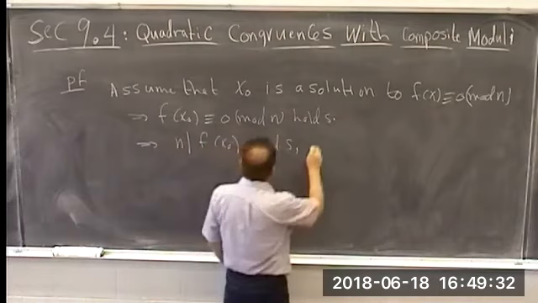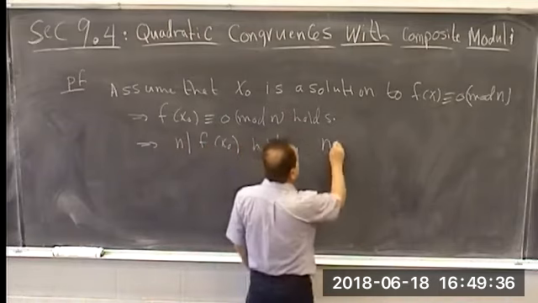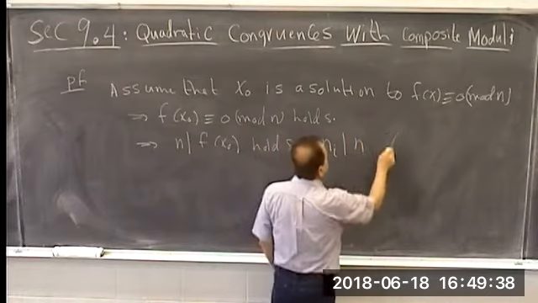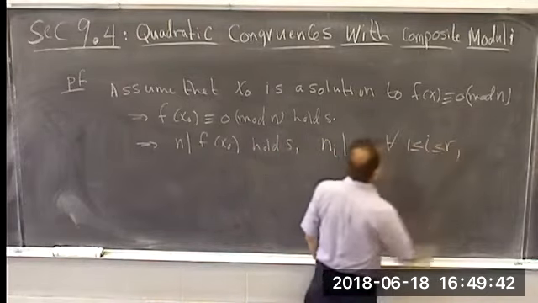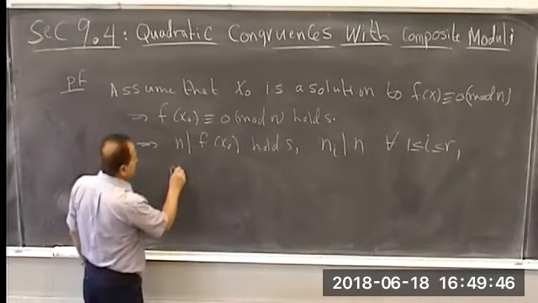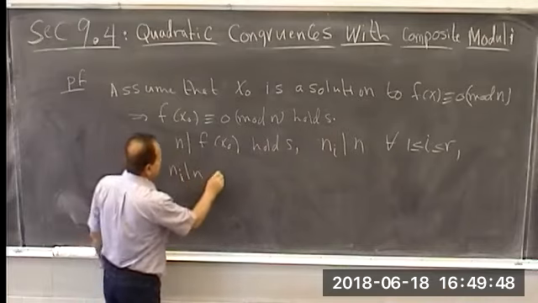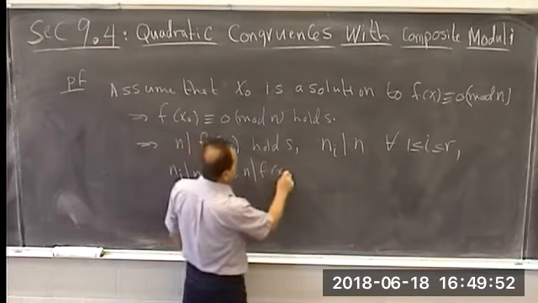We also know that n sub i divides n for every i. So let's put these together. We have n sub i divides n, and n divides f of x sub 0.